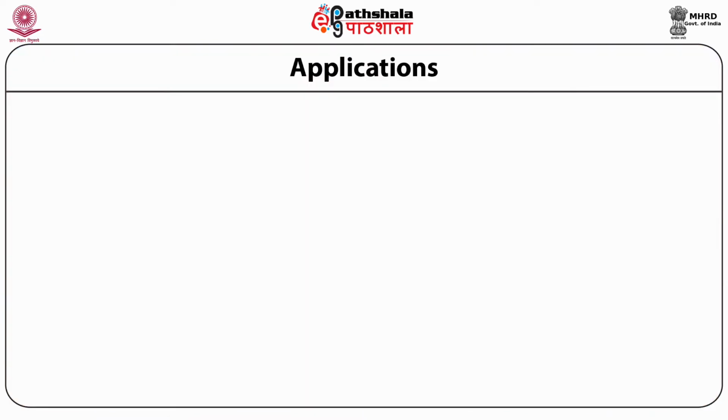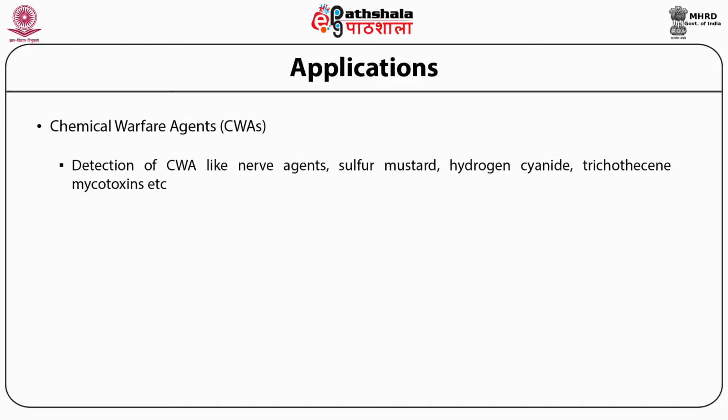Field portable gas chromatography instrumentation happens to be a method of choice to detect chemical warfare agents like nerve agents, sulfur mustard, hydrogen cyanide, and mycotoxins being used against the population.